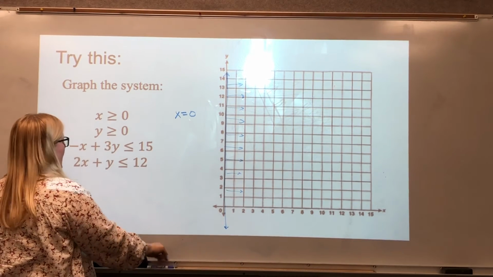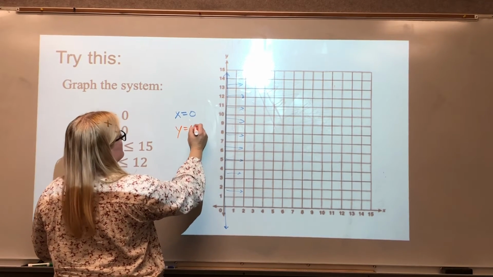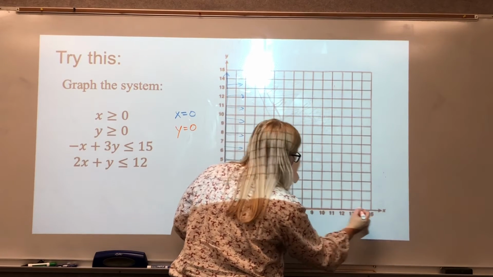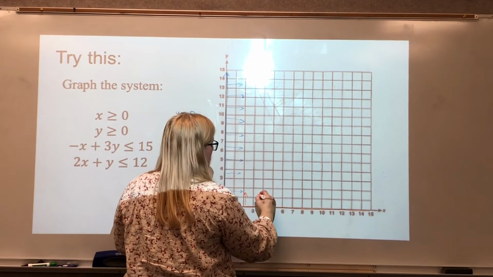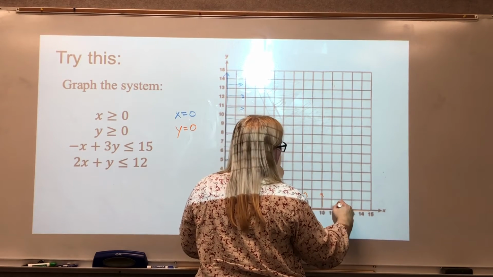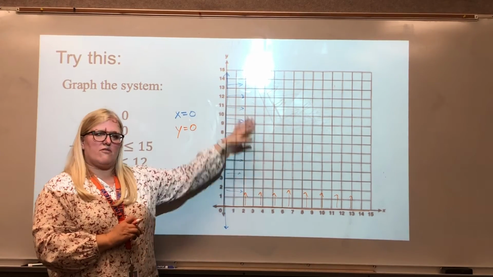Okay, then we have y is equal to 0, which is my x-axis. Okay, and we're going up. So basically, when you have something like this where the x and the y are both greater than 0, you're working in the first quadrant of the coordinate plane.